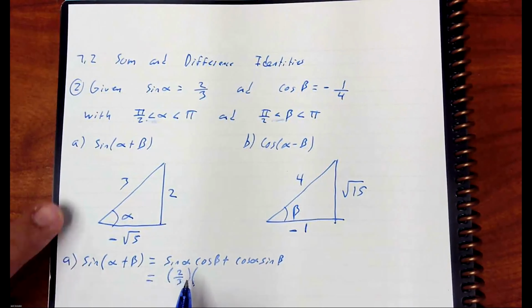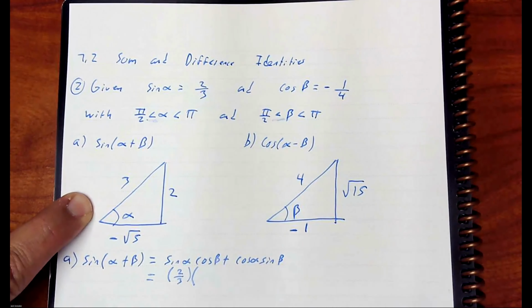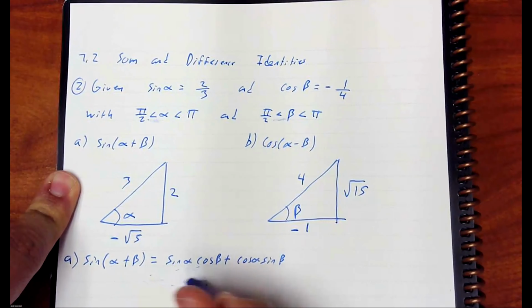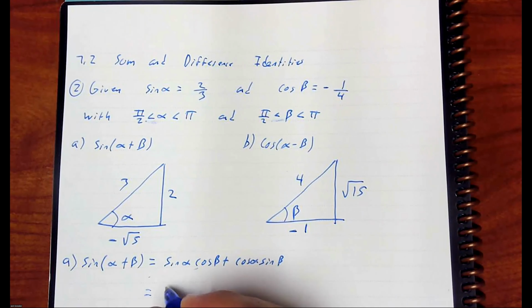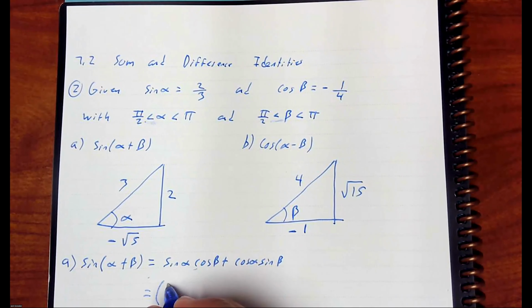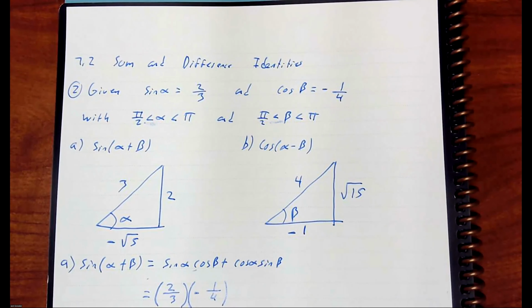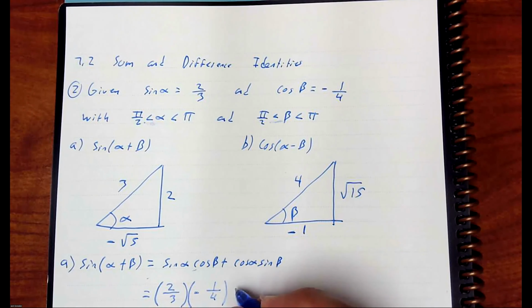So plug in your sine alpha, that was given to us, right? 2/3. Cosine beta was given to us, right?